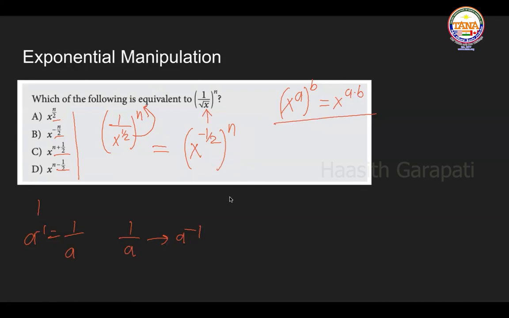I'm not going to show an example here, you can try it for yourself. In this case, we can simply combine those two values, and then we get x to the power of negative 1/2 n, or in other words, x to the power of negative n over 2. Therefore, our correct answer is going to be B.